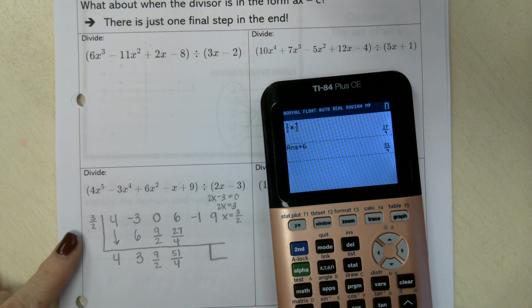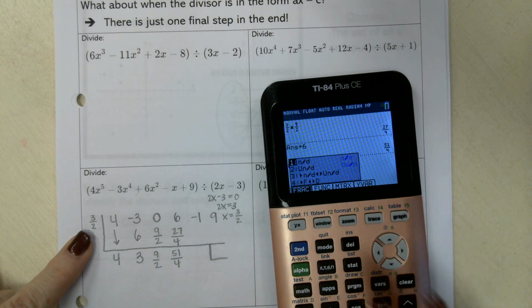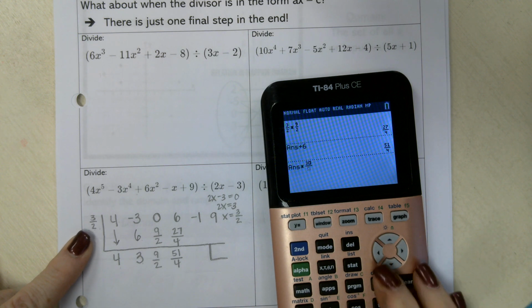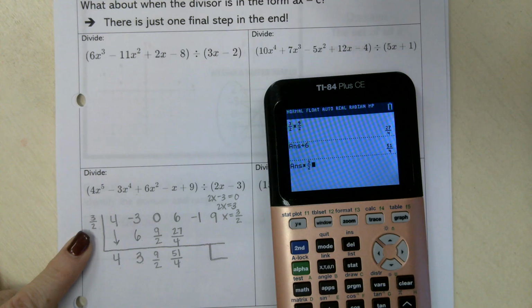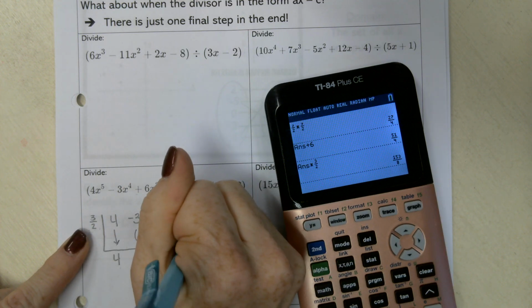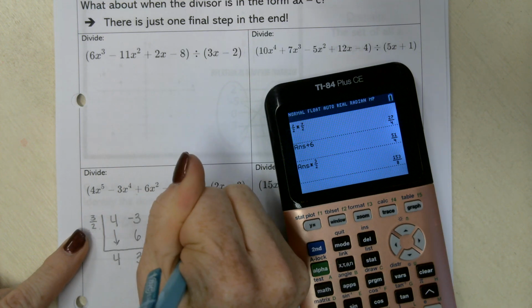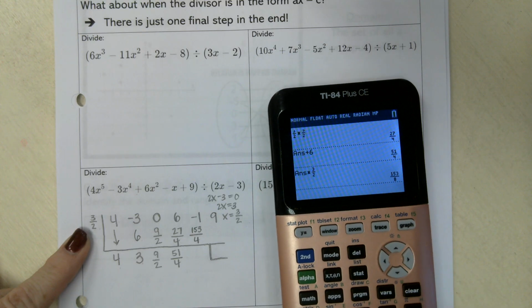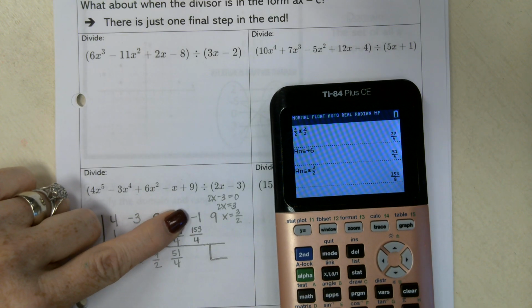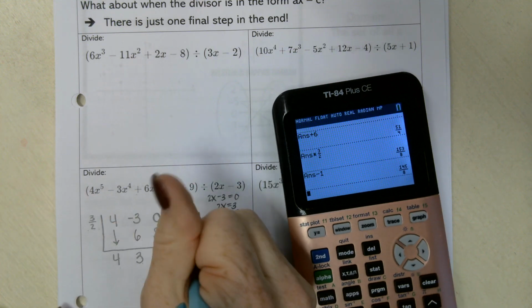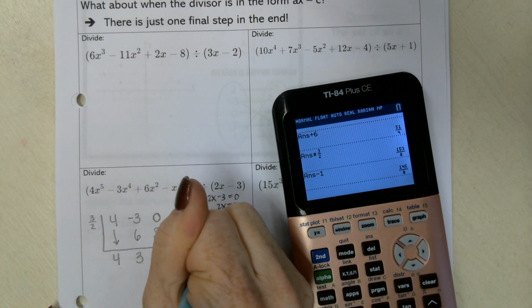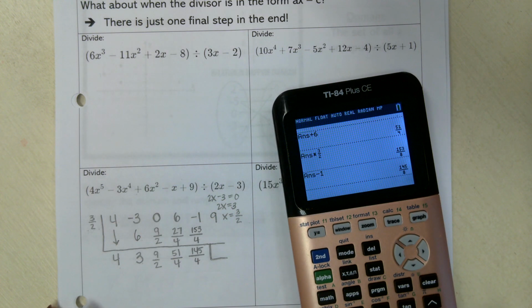All right, here we go. Now, I'm going to multiply that times the 3 halves. I get 153 over 4. And I'm subtracting 1 from that. So that's 145 over 4.